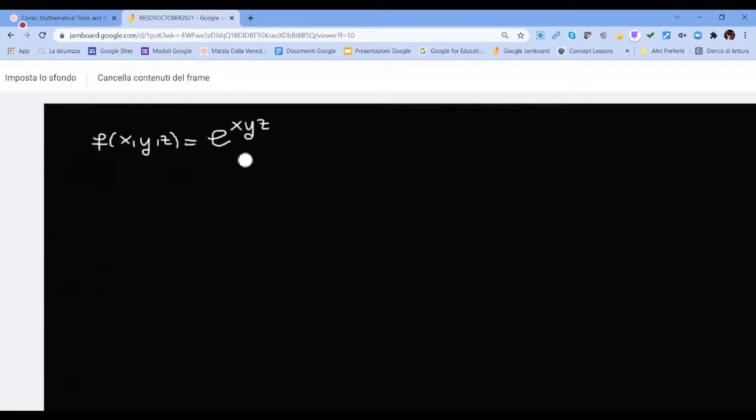This is a product, okay? And as you know, it is a function of all three variables. If you consider more variables, you have to derive everything with respect to any variable that you have.